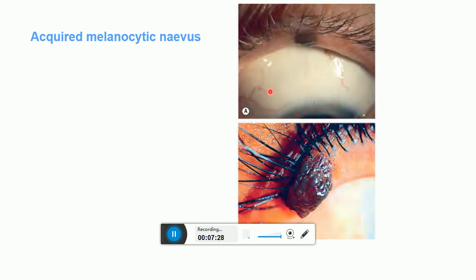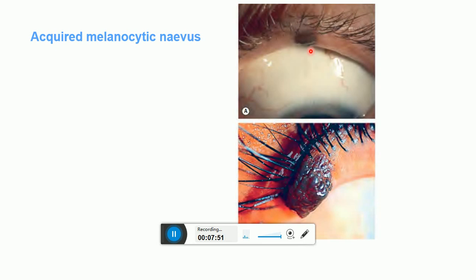Now, acquired melanocytic nevus. The clinical appearance and potential for malignant transformation is determined by the histological location. The first one is junctional nevus. This is junctional.